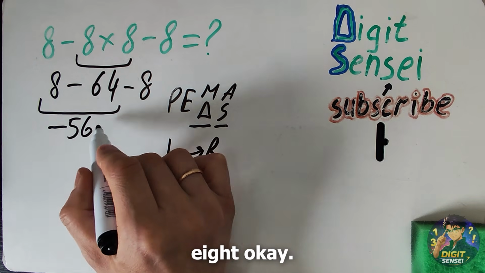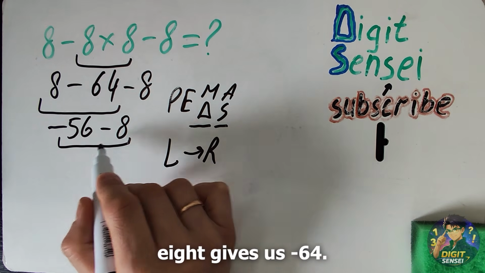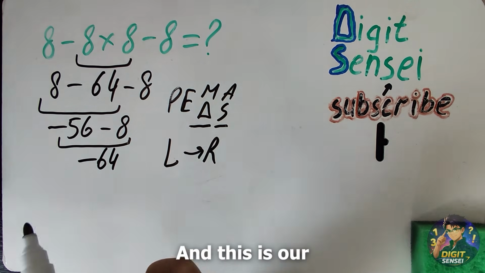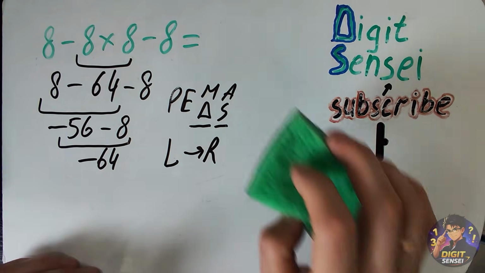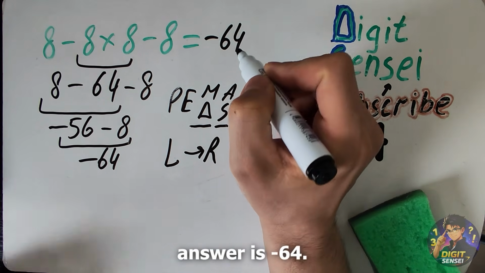Then minus 8. Okay? Negative 56 minus 8 gives us negative 64. And this is our final answer to this problem. The correct answer is negative 64.